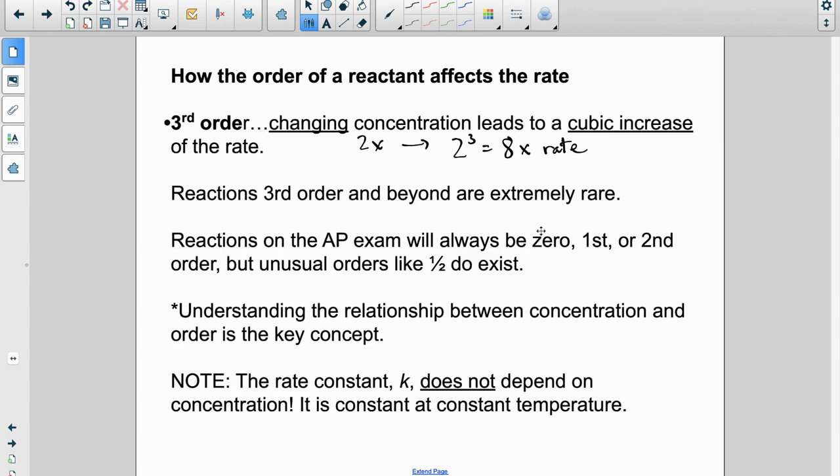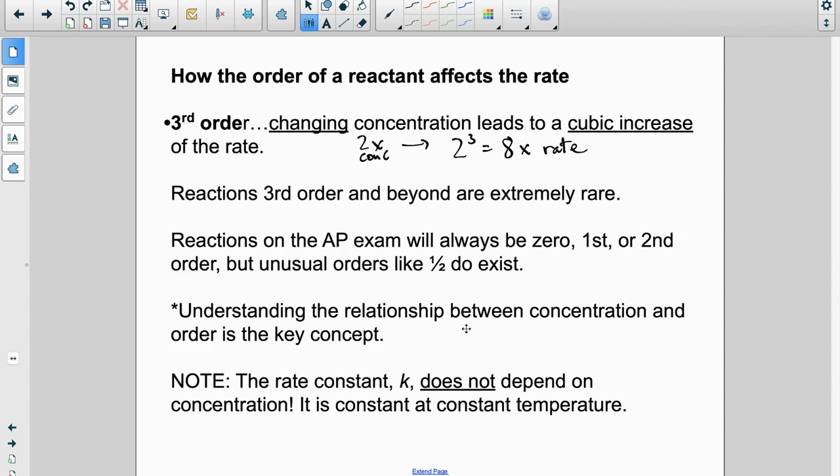Okay, the rate will increase 8 times. That's very rare. Third order and beyond is an extremely rare case. As I mentioned, on the AP exam, the orders are always going to be 0, first, or second. But that's not to say that weird orders don't exist. They do exist in real life.